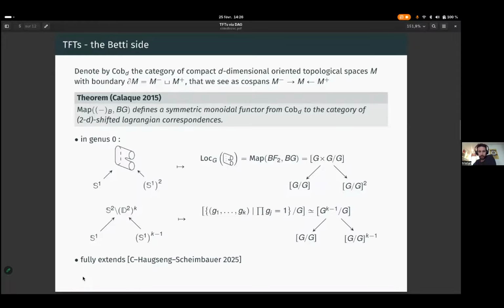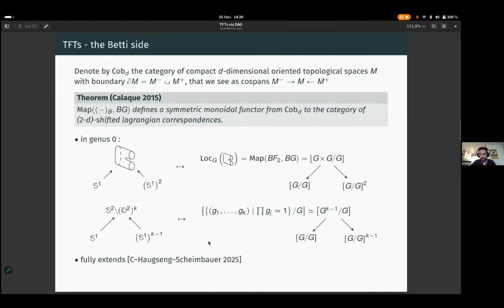Generalizing this a little bit, if I consider the two-sphere from which I remove k disks, I can see that as a cospan between one disk and k minus one of the ones. Okay, I can recognize some kind of character stack here, but in genus 0.